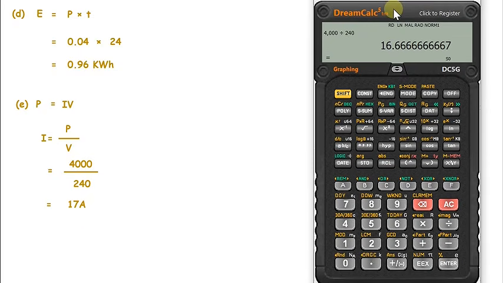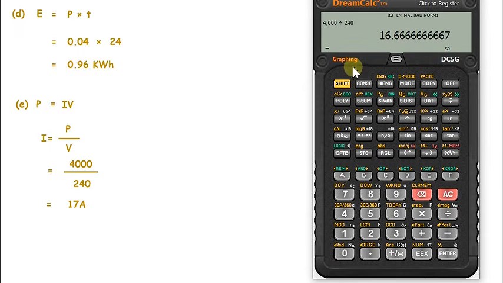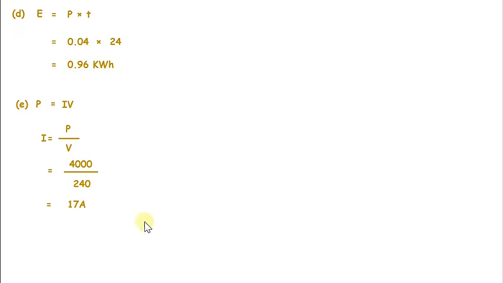Now for us to know the fuse that must be used for this current, the fuse must be a little bit larger than the current that it should allow to flow. So we cannot put a 17 fuse or 18 fuse.